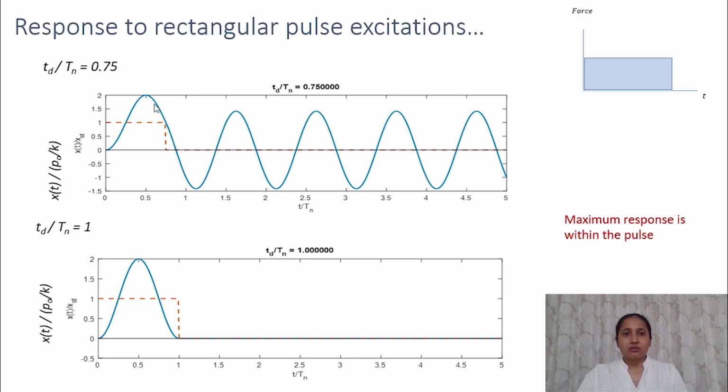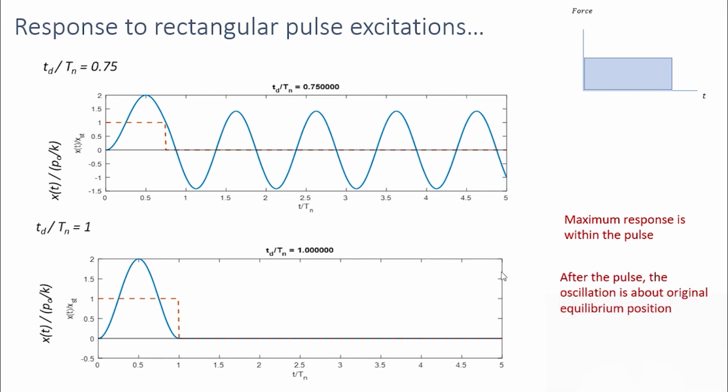But now the maximum response is within the pulse. And we can see that during the pulse, the oscillation is about this static deformation, and after the pulse, that is during the free vibration, the oscillation is about the original equilibrium position. That is when the displacement is 0.